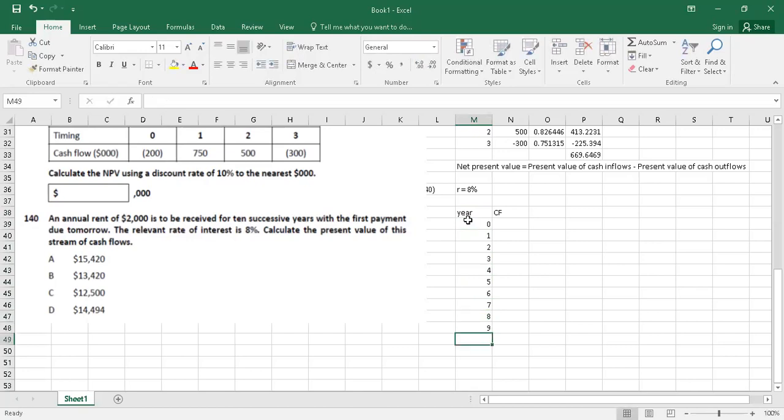So altogether 10 payments. The cash flow is the same, 2,000. I'll show you this one and then also the alternative method. Now the same way we have to find out the PV factor.